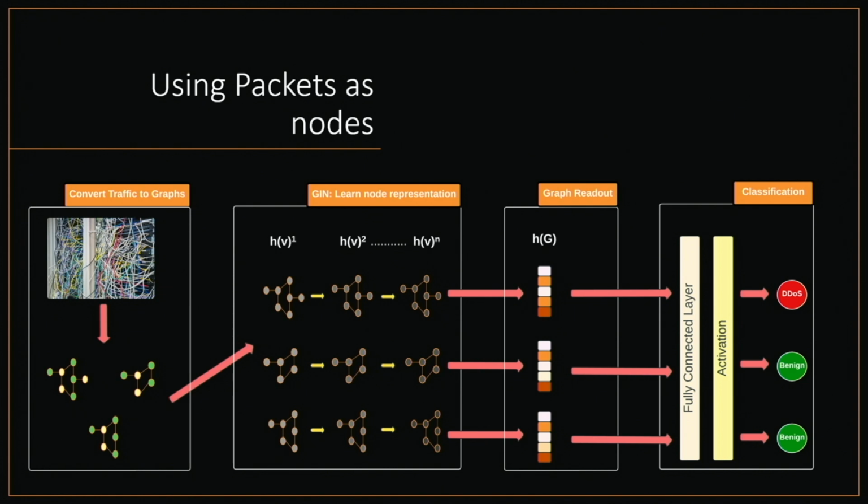Once we learn the node embeddings, it just becomes a normal classification problem where you pass those embeddings through a linear layer, maybe use a softmax after that, depending on your problem, and just classify an attack as DDoS or not DDoS.